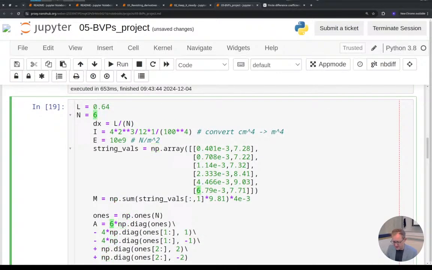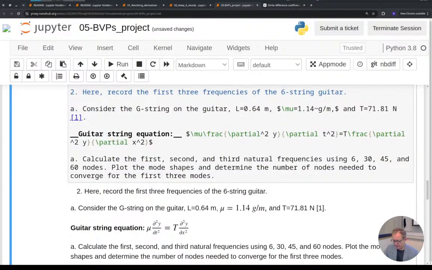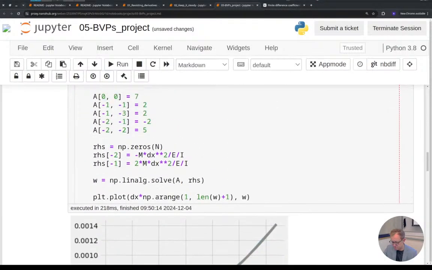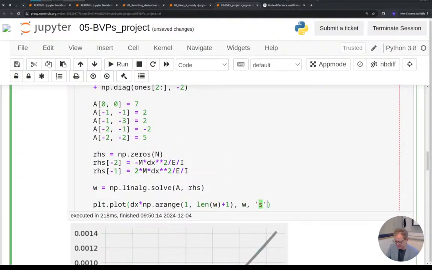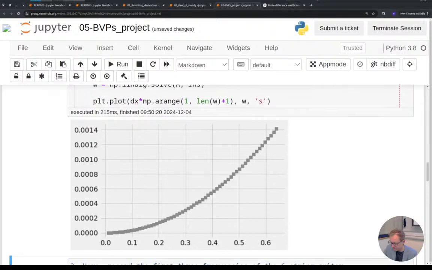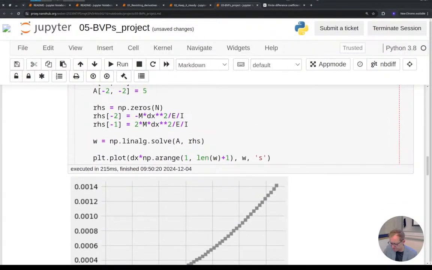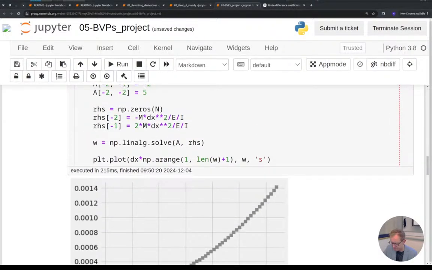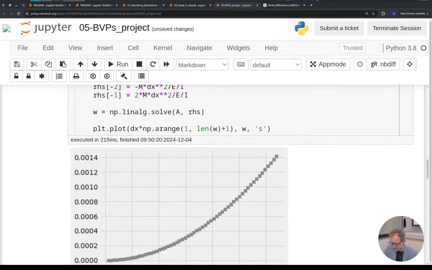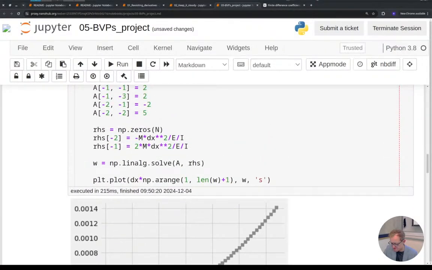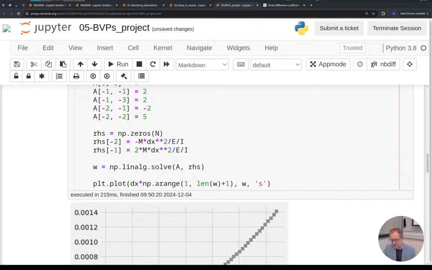So now instead of 1, I'm going to say, and let's do this. Put some squares in there. Huh, looks like it's all the same. Is it just converging too quickly?